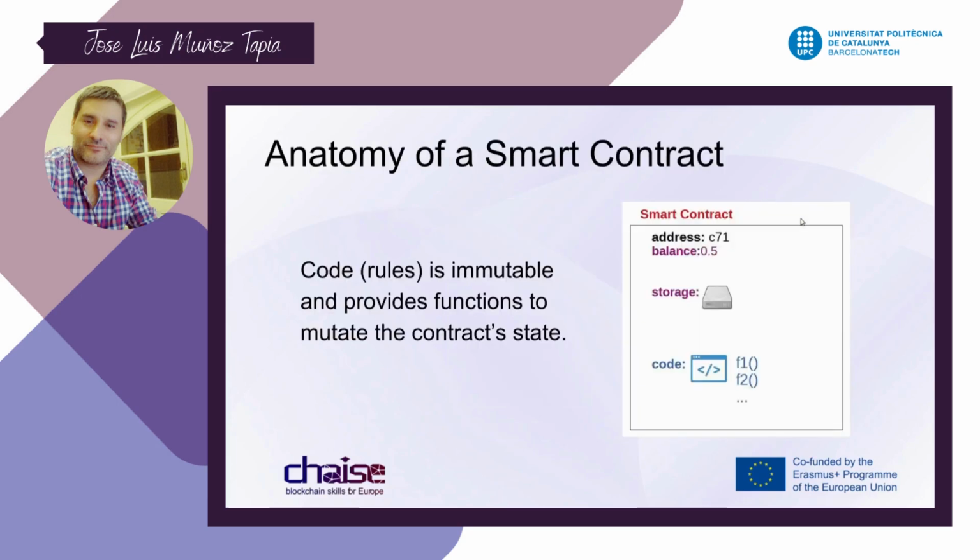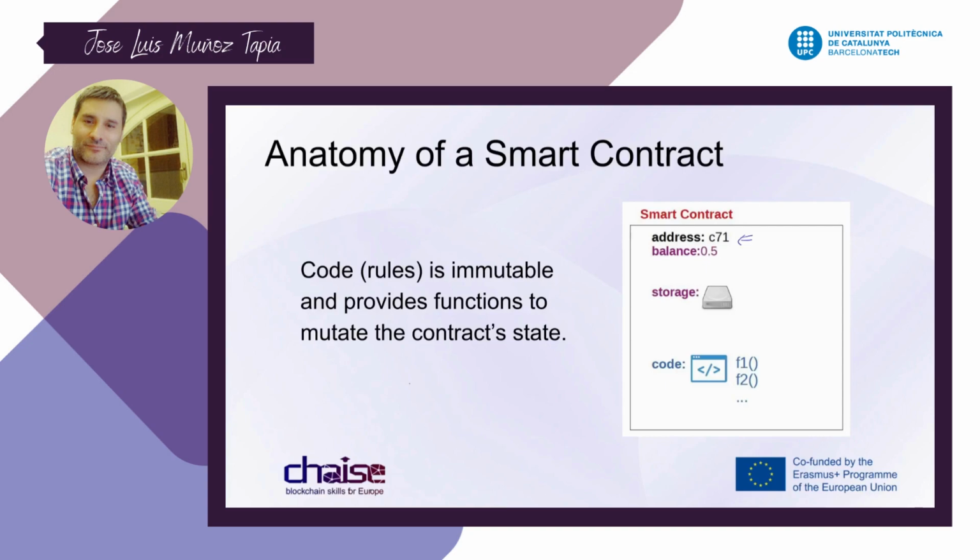First, let's see a little bit the anatomy of a smart contract. Which are the main parts of a smart contract? Well, the address of the smart contract. In fact, when I say smart contract, we need to create a program. The smart contract is nothing else than a program. What we are doing when we are programming a smart contract is creating a template, and then when we deploy the smart contract, we create an instance, or we instantiate the template, and we can create as many instances as we want from one template.